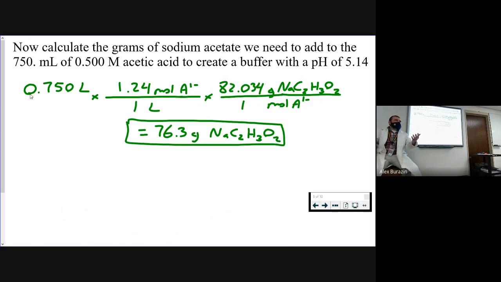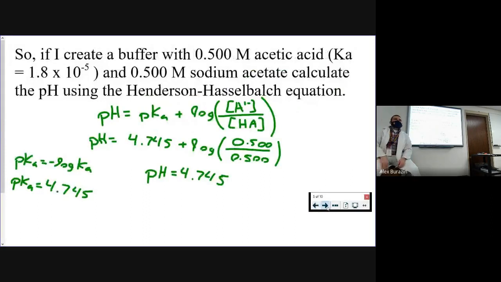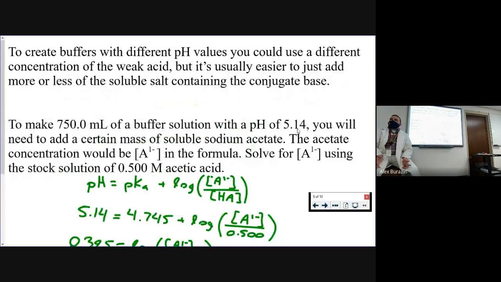But in this instance, our pH is different than our pKa. We didn't want a pH of 4.745. We messed with it. We want a different pH, right? Because sometimes you don't want the pH equal to the pKa. Sometimes you want your pH very specifically somewhere else. And if you just mess with the ratios of acid to base in the buffer, you can achieve that within reason.